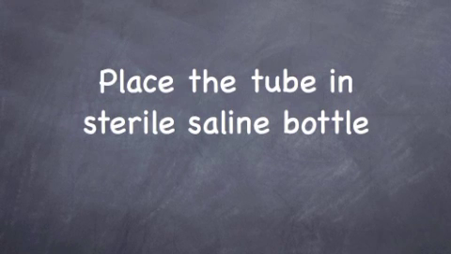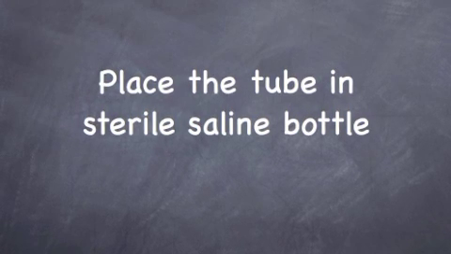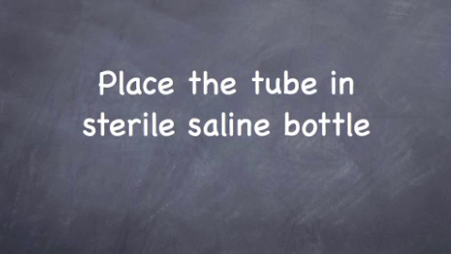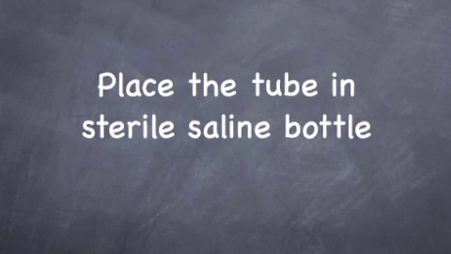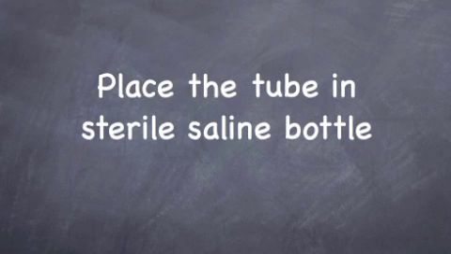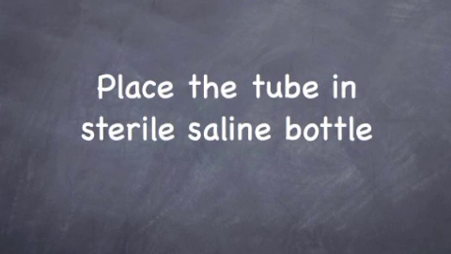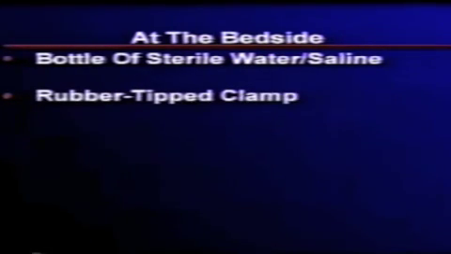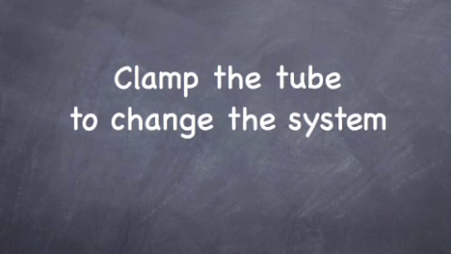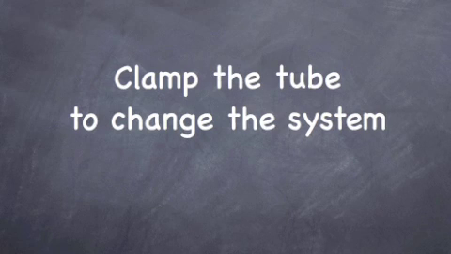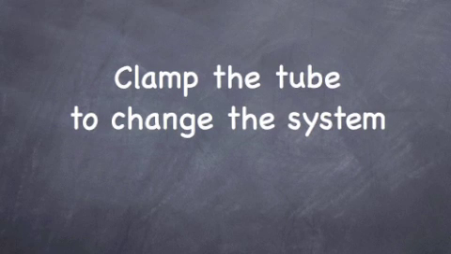Because remember, this is a water seal drainage system, and that means that the level of water determines the seal that is occurring in that chest, in that lung field, or in the pleural space. The other thing that you need to have at the bedside is a rubber-tipped clamp, so that when the chambers become full with the exudate or the drainage that's coming from the lung, and you need to change the entire system, you have the equipment readily available.